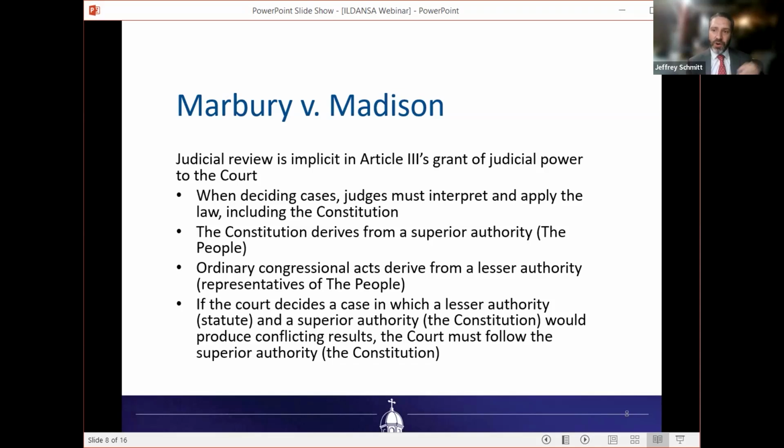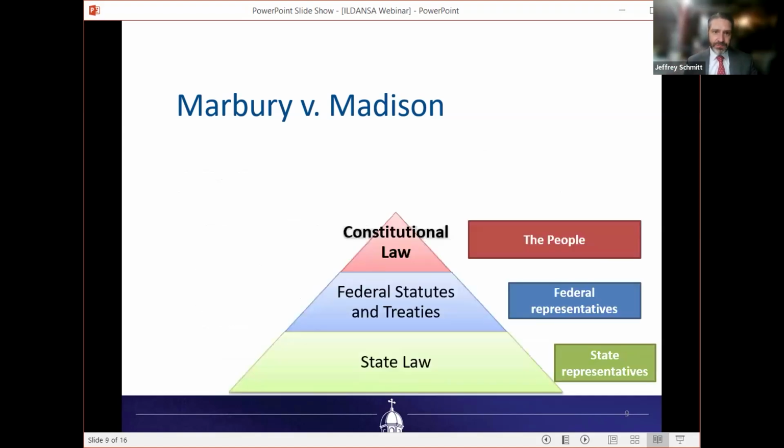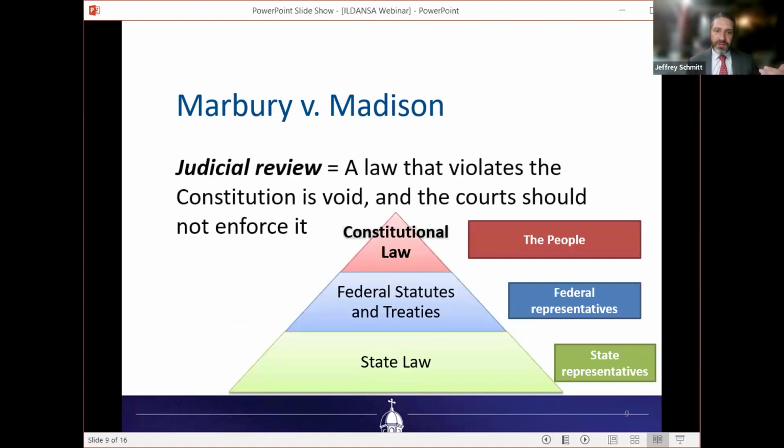The power of government flows from the people, and therefore the Constitution has a closer link to the people, to political power, and therefore it should have higher authority than any federal law. And the Supreme Court, because it has the power to decide what the law is, they have the final say on what it means.